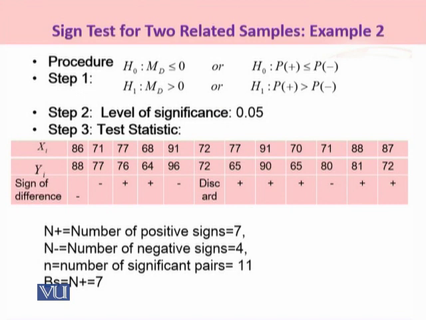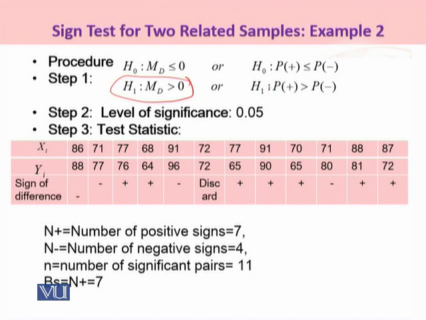The procedure that we are going to follow is that first of all we need to construct the pair of hypotheses. Based on the problem, we construct the alternative hypothesis of greater than type. Why? Because it was given in the problem that the first twin is considered to be more aggressive compared to his or her counterpart.